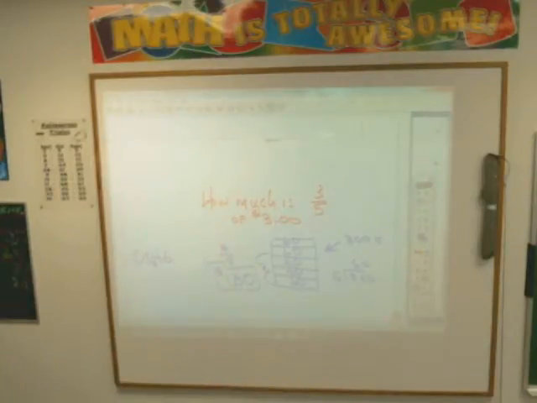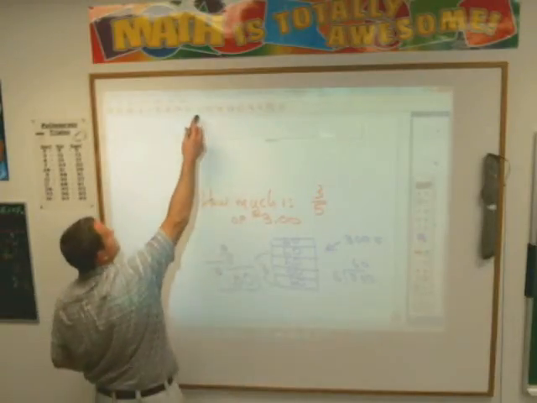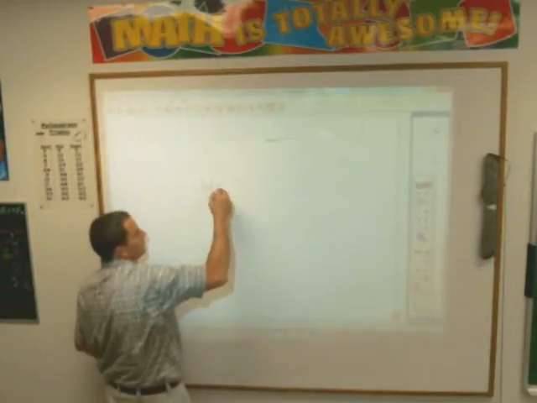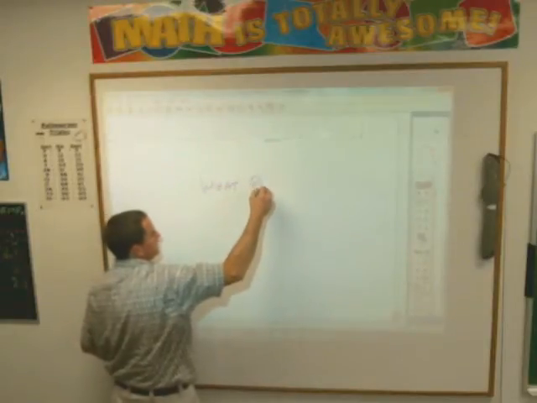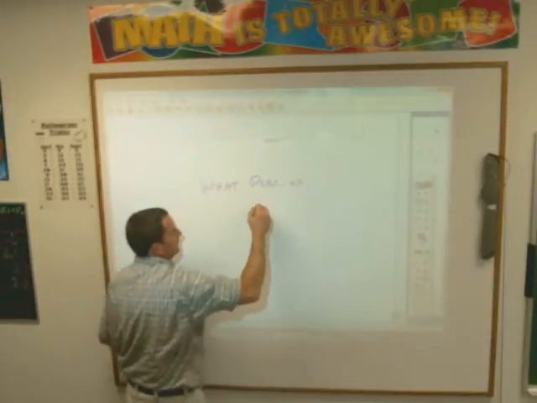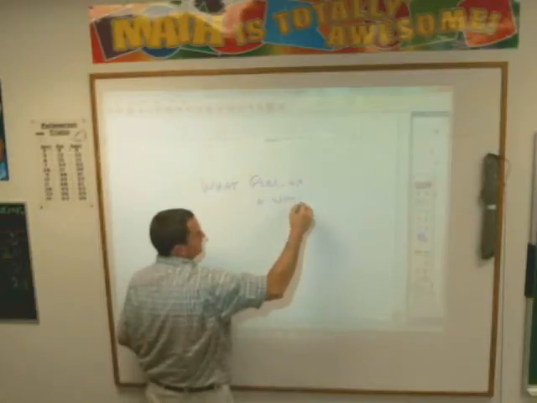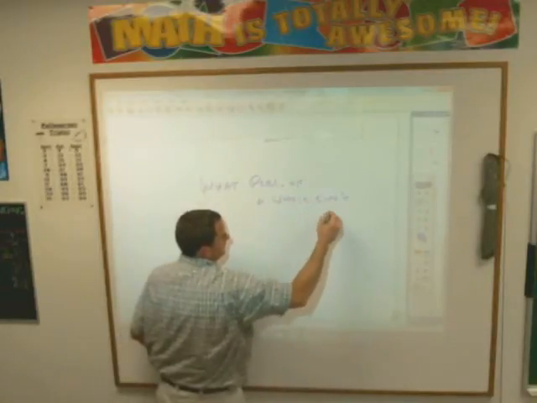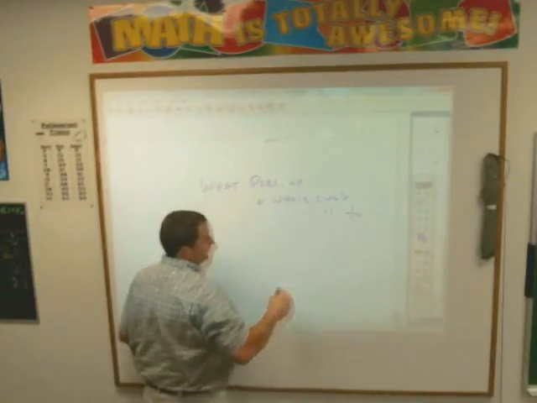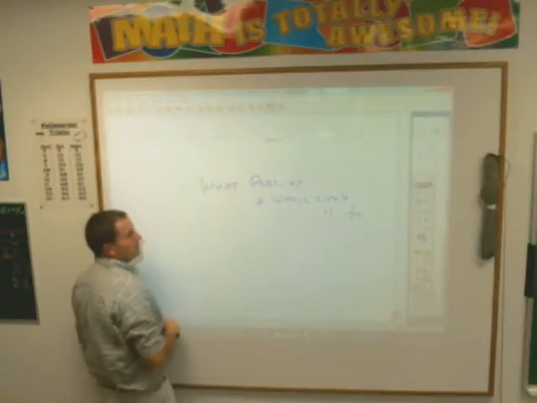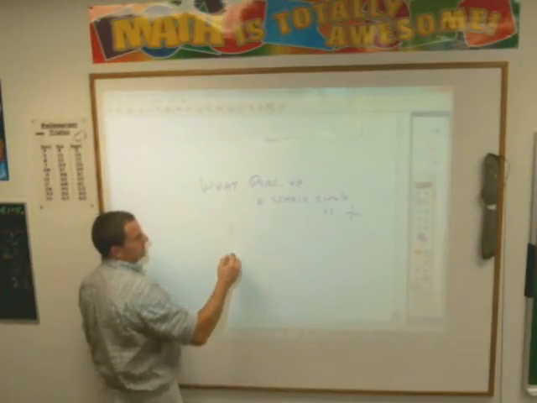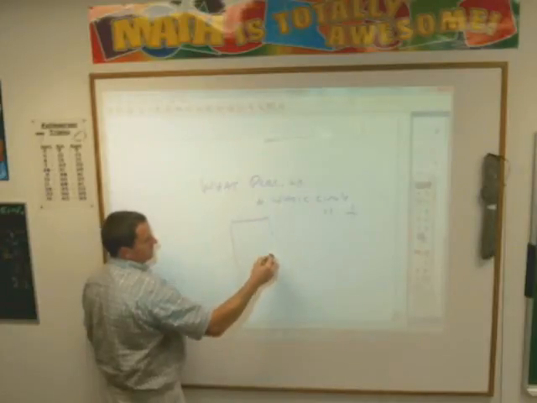Oh, here's a good question. This one's different. What percent of a whole circle is 1/5 of a circle? Well, you could still do the same thing there, make this box.